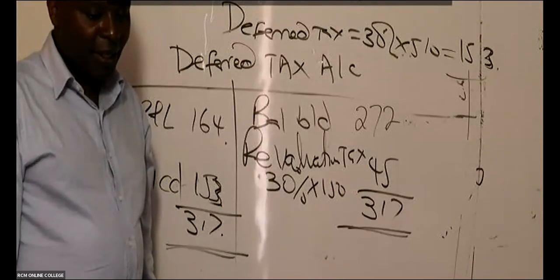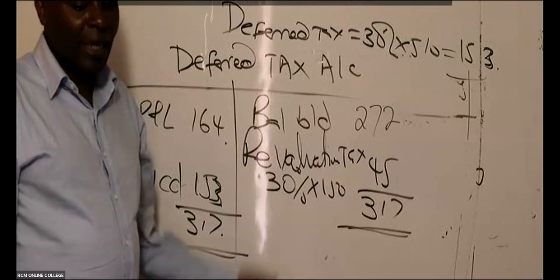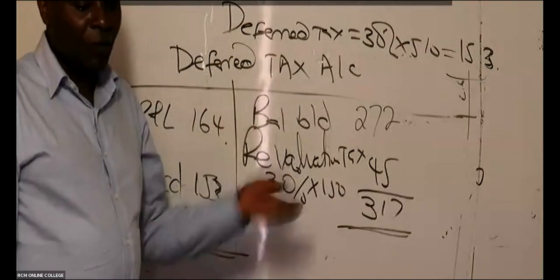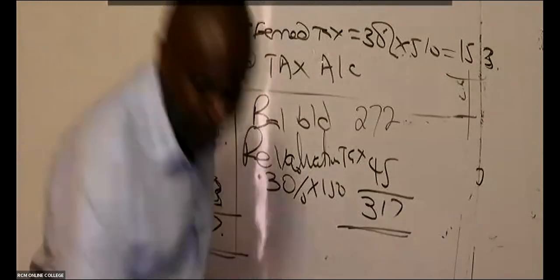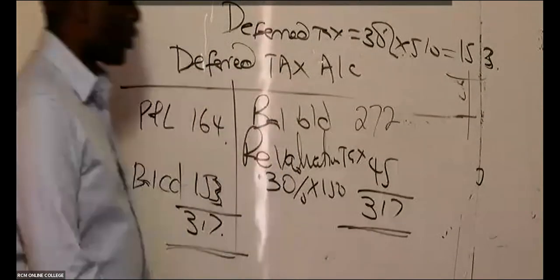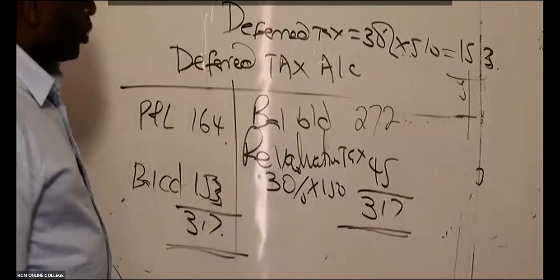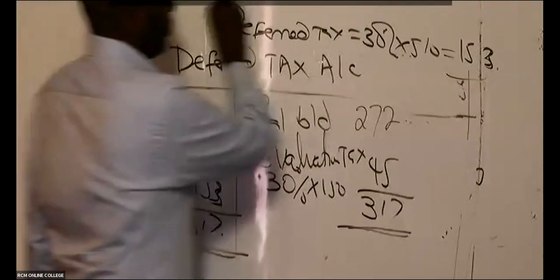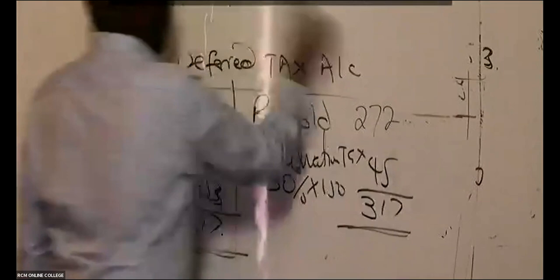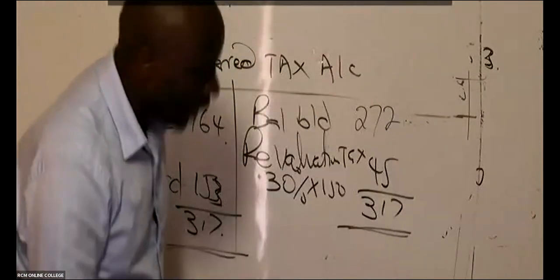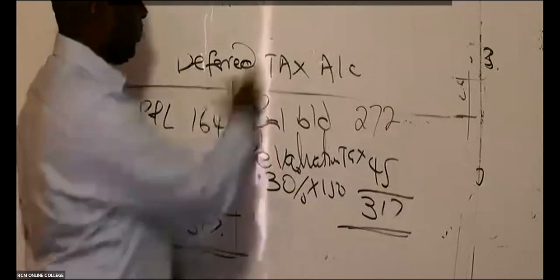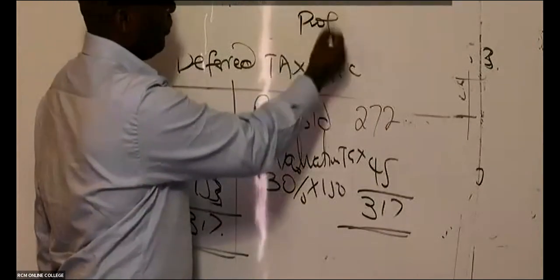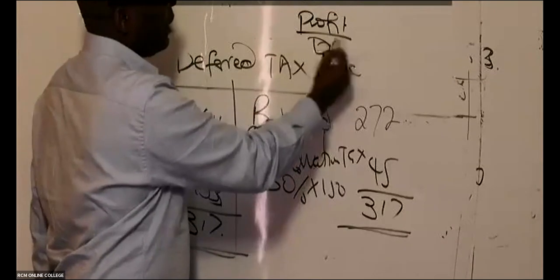All right. So how about, at times the examiner will tell you, give us the journal entries. Out of this, are you able to write the journal entries? So let's first of all journalize the profit here. So I will debit like what I've done here.